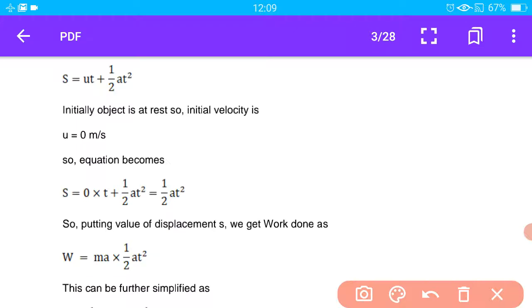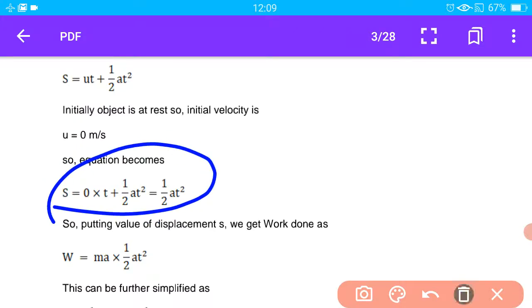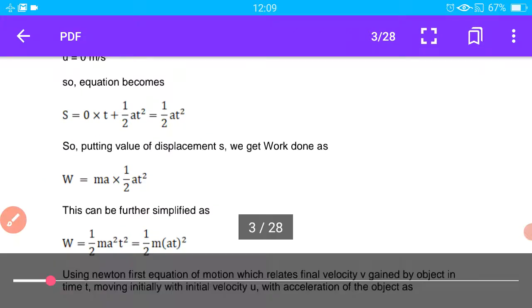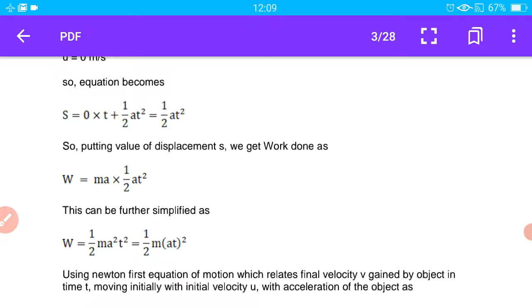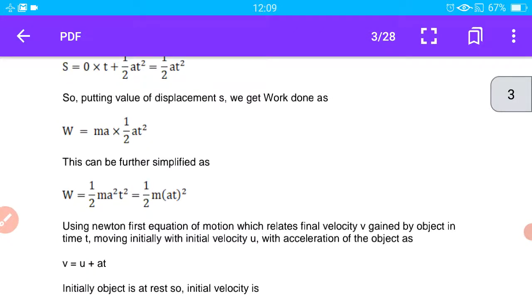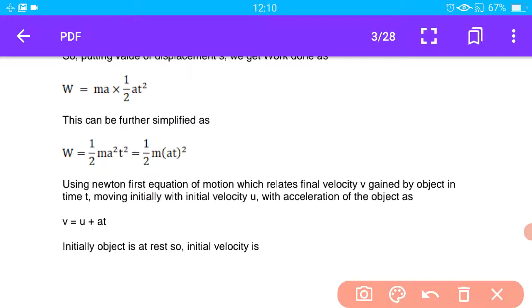So the equation becomes s equals 0 into t plus 1/2 at², equals 1/2 at². And then putting the value of displacement s, we get work done as W equals ma into 1/2 at². This can be further simplified as W equals 1/2 ma²t².